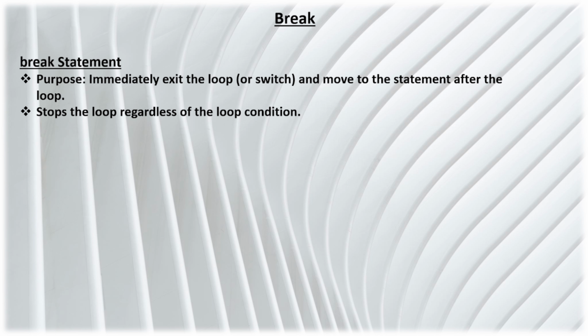That means it stops the loop and moves to the statement outside of the loop. The next feature is that it stops the loop regardless of the loop condition. That means if the loop condition is not satisfied but we use break, then the loop will stop.